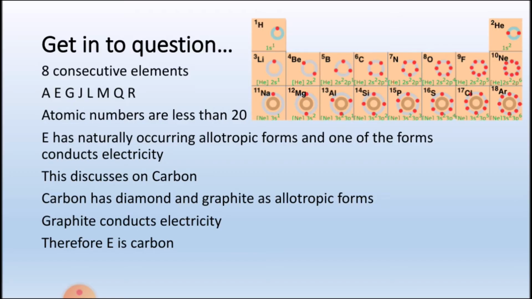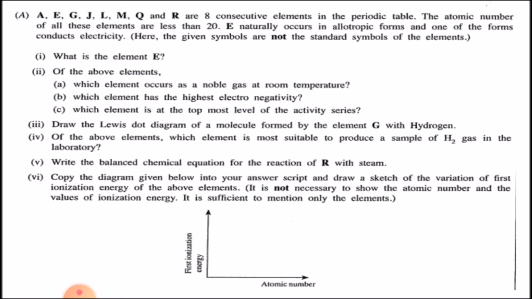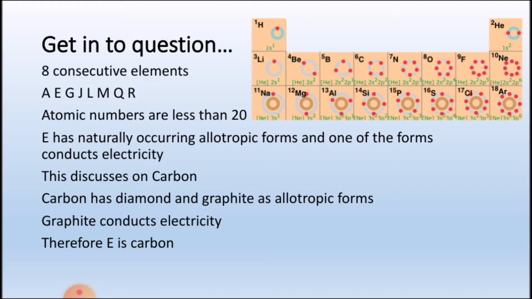Okay, before we discuss the answers, we'll take a little approach to the question. The question says there are 8 consecutive elements, which are A, E, G, J, L, M, Q and R, and all have atomic numbers less than 20.